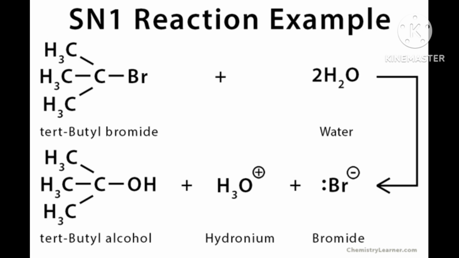Just like an umbrella is turned inside out when caught in a strong wind, while the leaving group is pushed away, this process is called inversion of configuration.